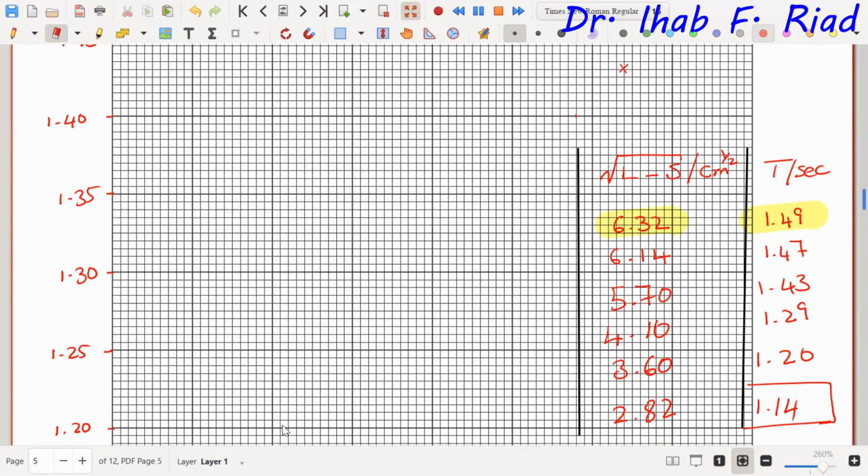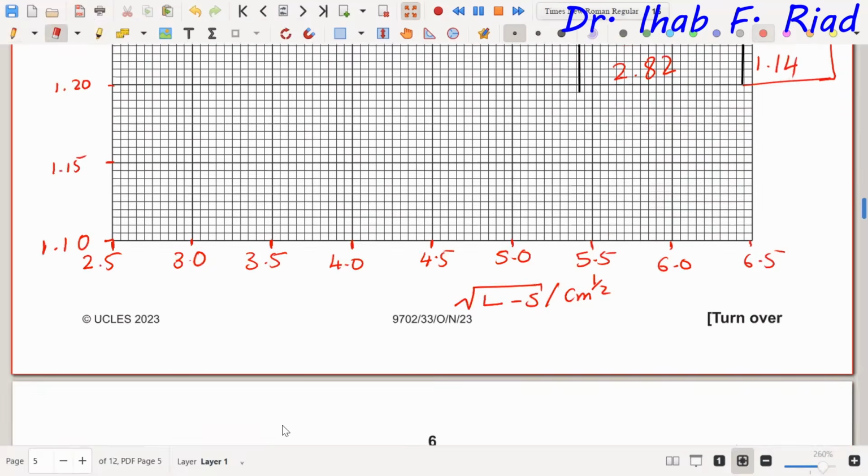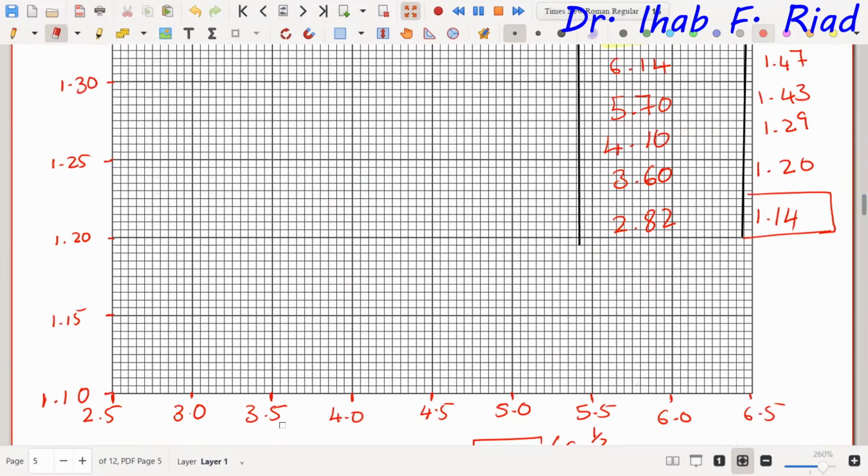Now, 1.29 and 4.10. Where is 4.10? 4.1 is somewhere here, and 1.29 we are around here. So 4.1, this is 4, right? 4.05, 4.1.